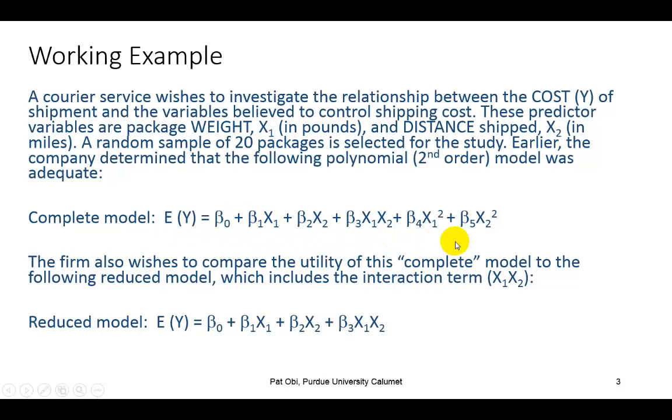So this is the complete model, and we're going to compare the quality of this model to this reduced model, because if this reduced model is sufficient, then we'll stay with it since it is more parsimonious.